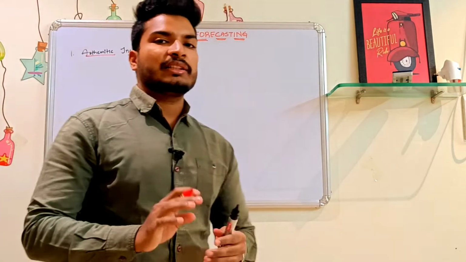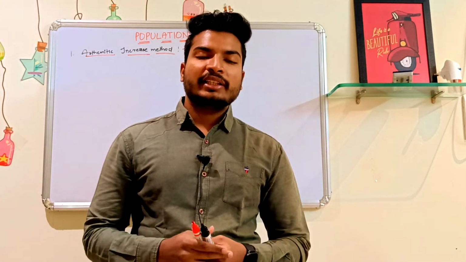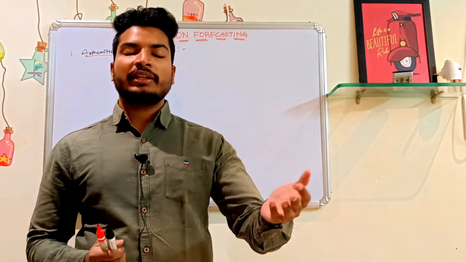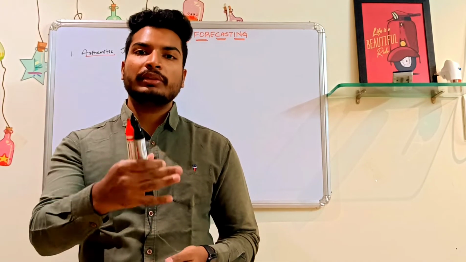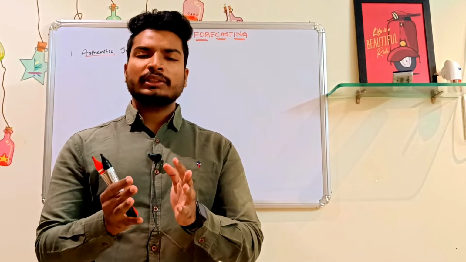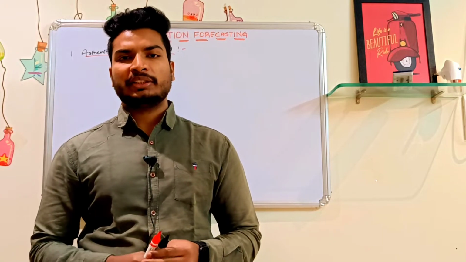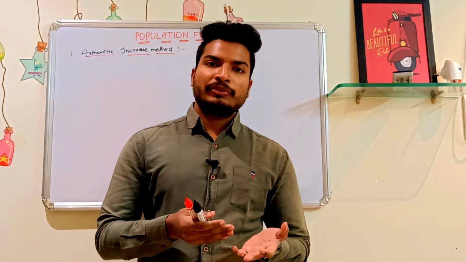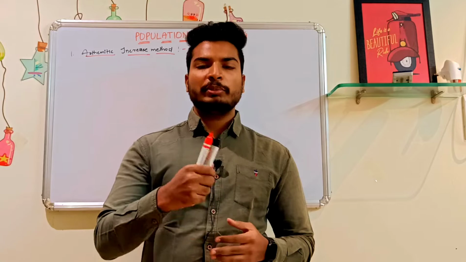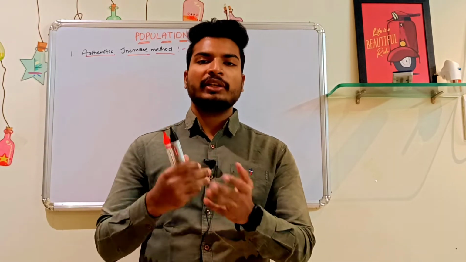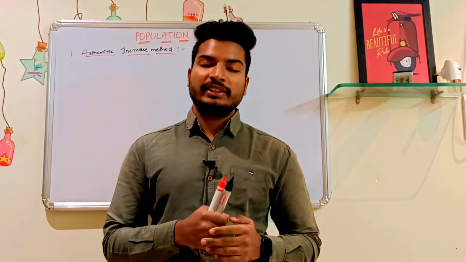So what is the arithmetic increase method? The arithmetic increase method is nothing but a constant rate of population growth. Here we are assuming a more or less constant rate of population growth. This type of population forecasting is mainly used for old and settled cities.